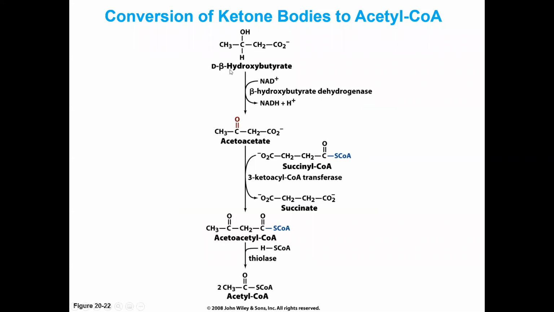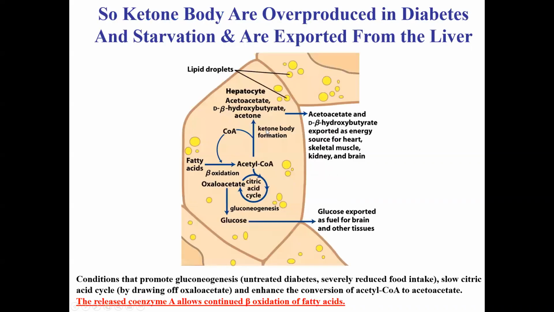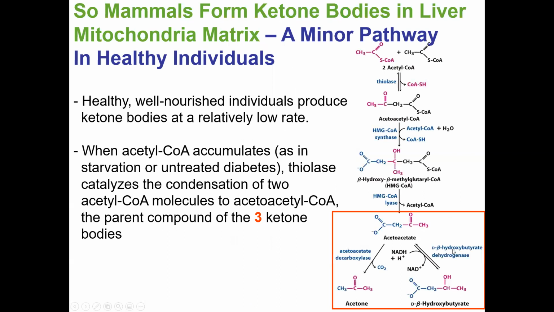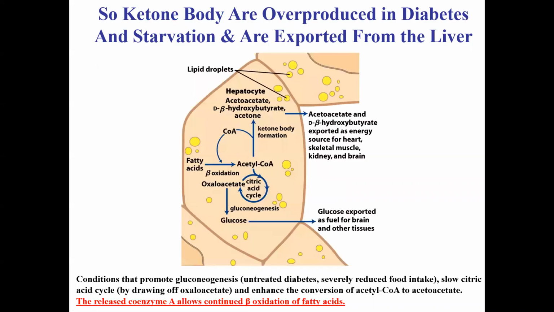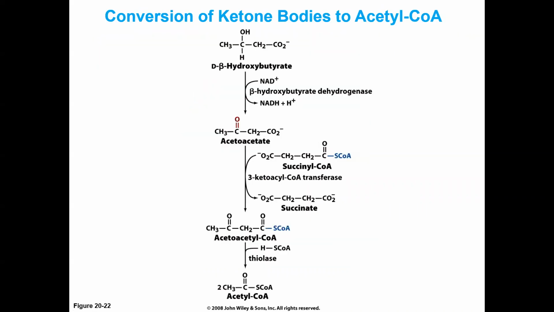You can take beta hydroxybutyrate and use this dehydrogenase enzyme called beta hydroxybutyrate dehydrogenase that utilizes NAD+ to generate acetoacetate. Remember, that's the same reaction, beta hydroxybutyrate dehydrogenase reaction. This is a reversible reaction, right?